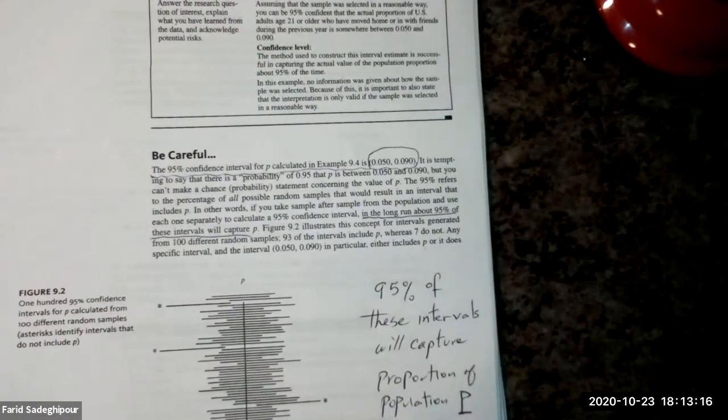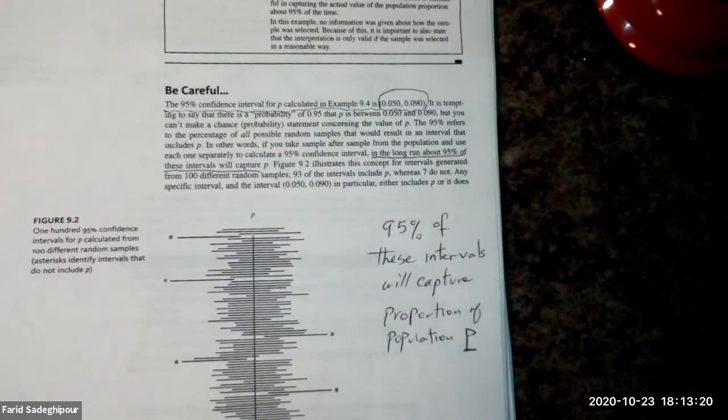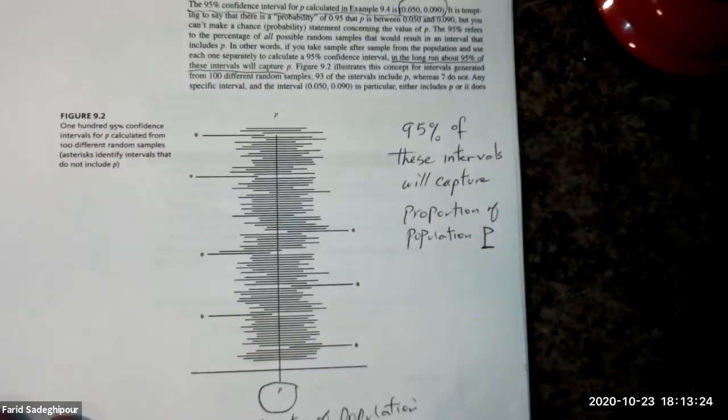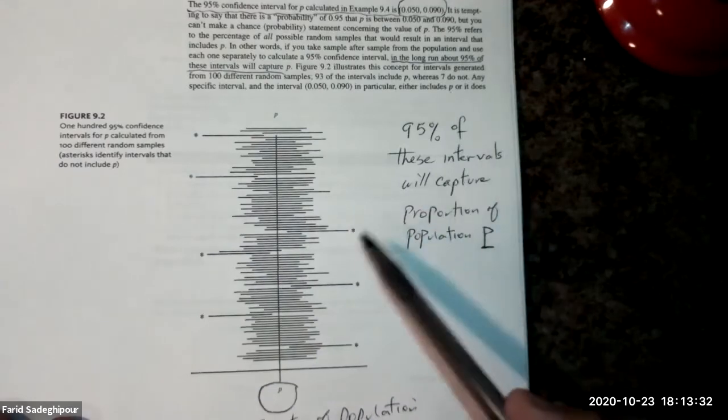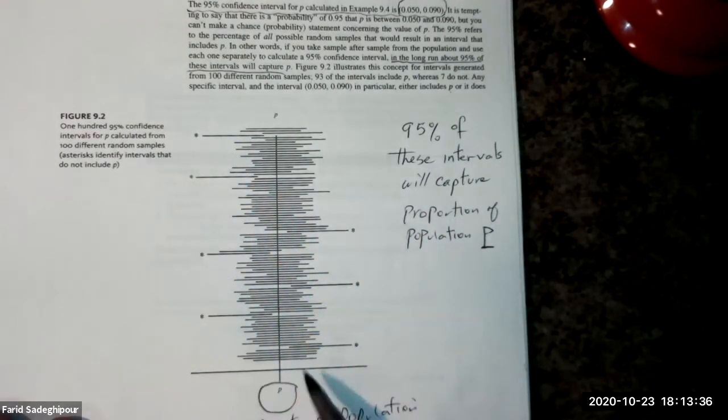Here is a good example. You see, they are taking so many samples, and let's say the proportion of the population is the capital P. Let's say we know that. They are taking so many samples, and just some of them do not have this p-value.